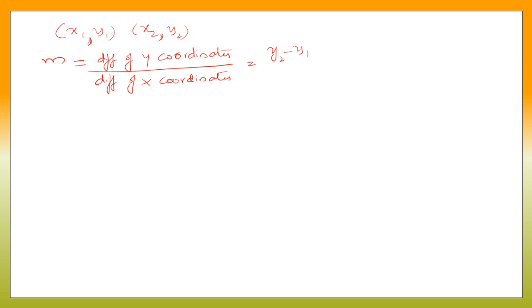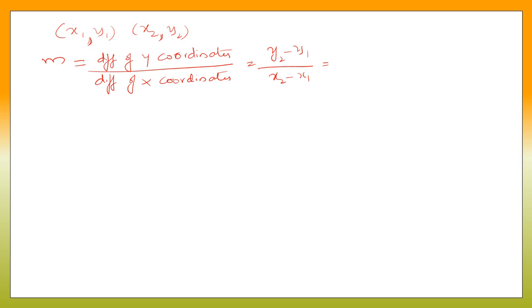So the slope m is given as the difference of y coordinates by the difference of x coordinates, which can also be written as y2 minus y1 by x2 minus x1.